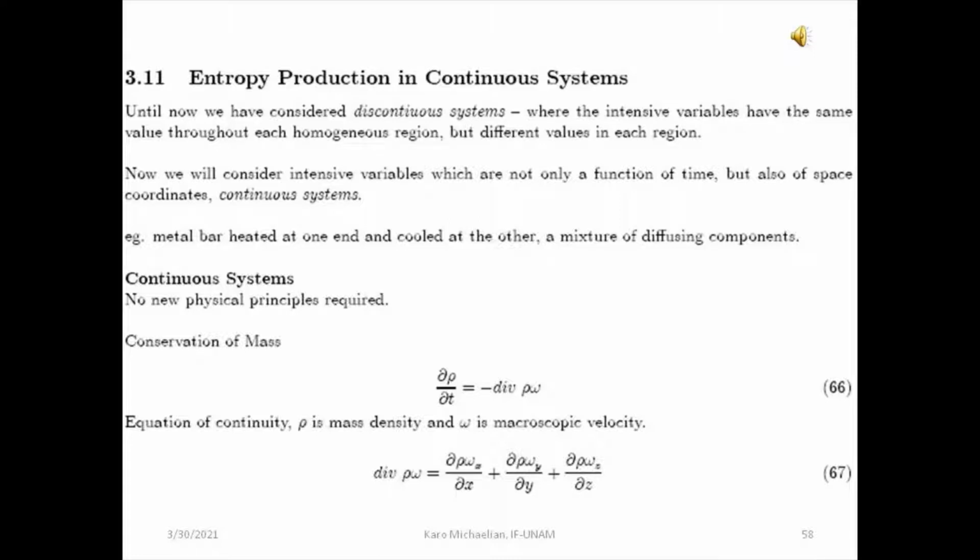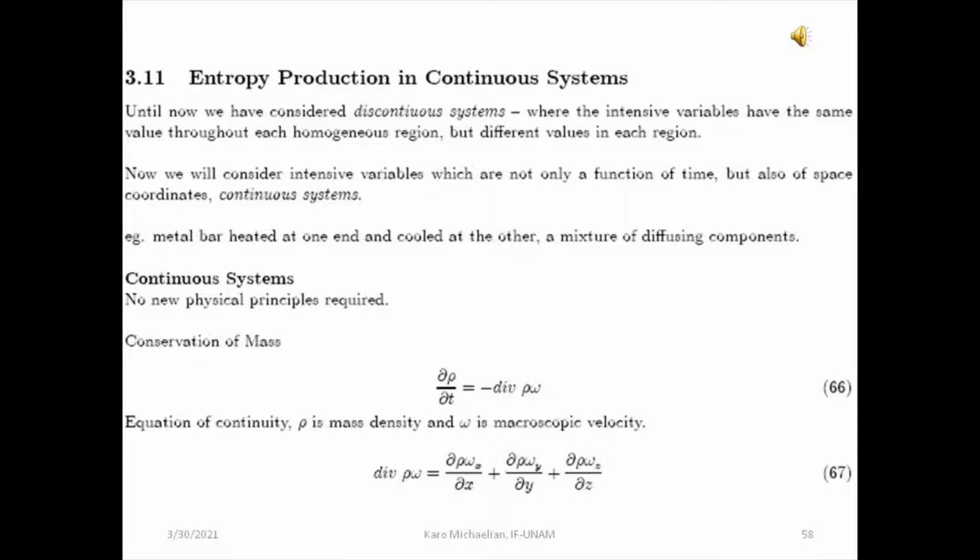So this equation 66 might look a little bit mysterious, but in fact it comes from Gauss's law, in which the rate of change of a variable of a system within a well-defined volume with a given surface is just equal to the flow, the normal component of the flow, integrated over that surface, or using Gauss's law, just equal to minus the divergence of the flow over the volume that that surface is bounding.